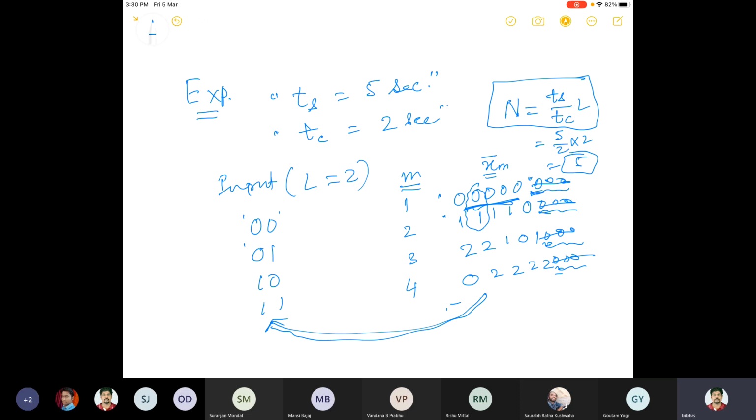On top of that, what we can do is correct the errors. When this sequence of binary channel digits is passing through the channel, it may get corrupted, so how do we remove the error? We'll talk about that.